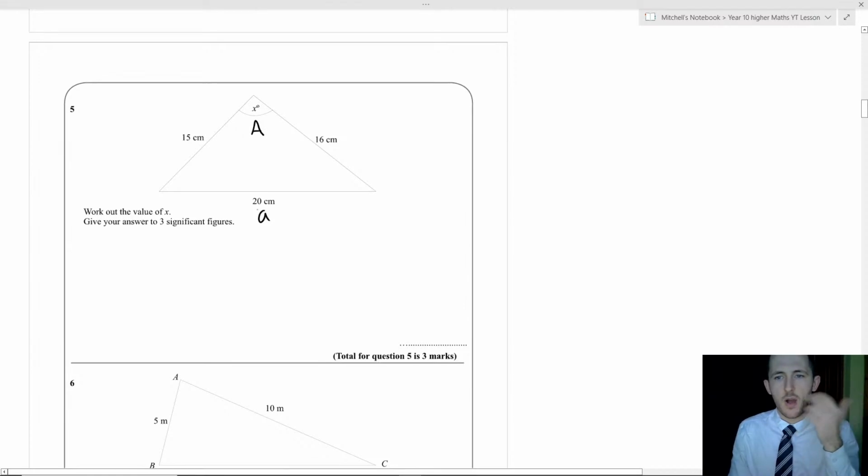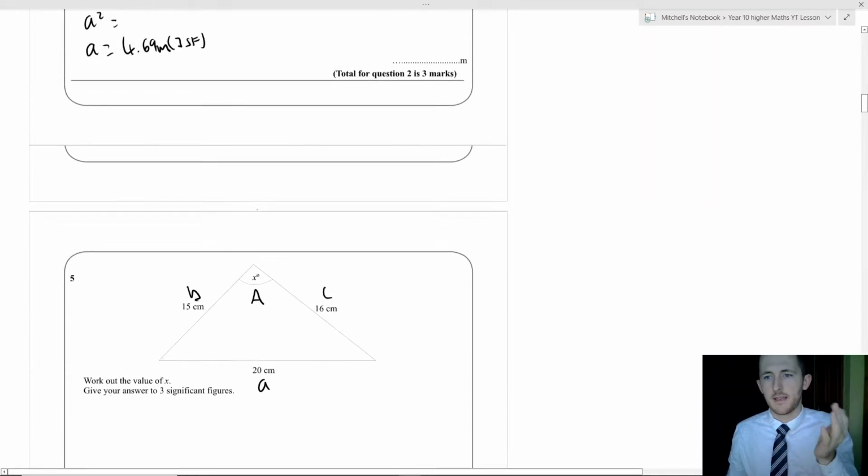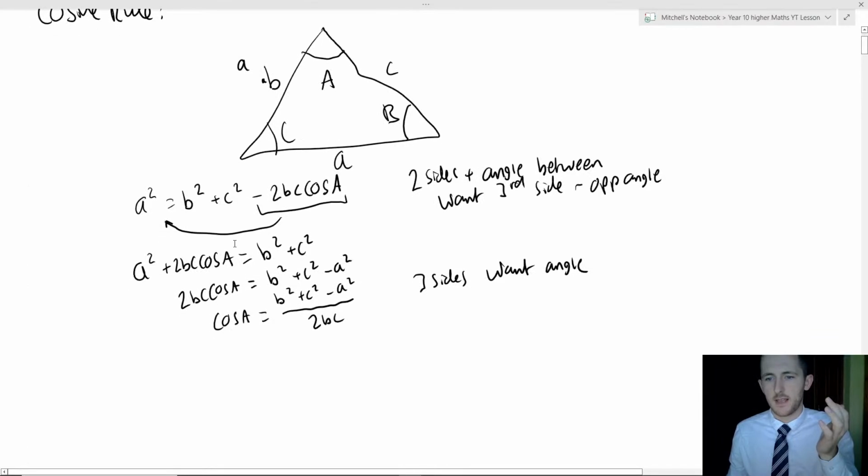Now, you may have seen online 3 cosine rule formulas where they change this from A squared to B squared, and they change all the letters around, right? Which might be why you might be slightly scared. It's not necessary. I've never really seen a case where you need it. But if you do, all they're doing is swapping the letters around.